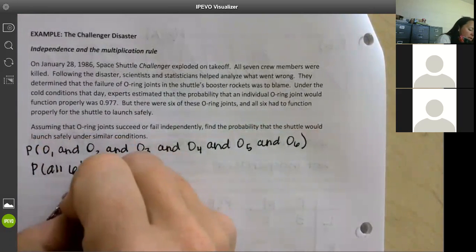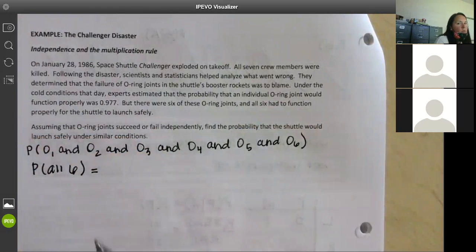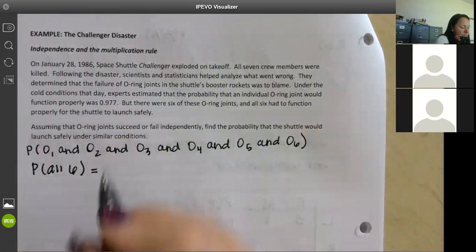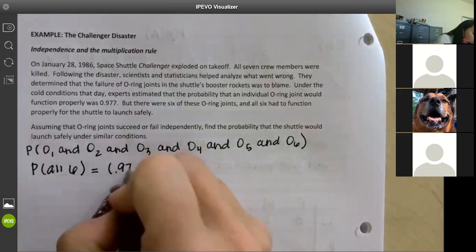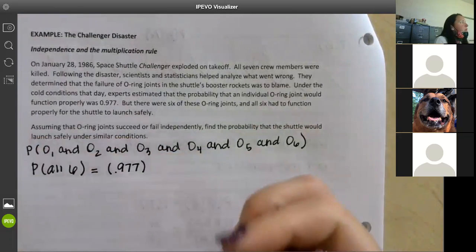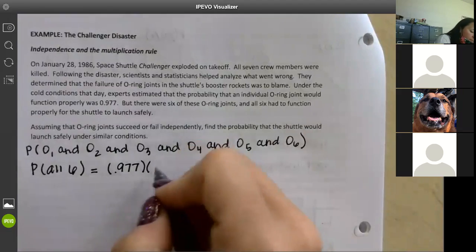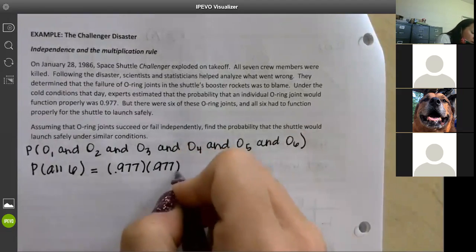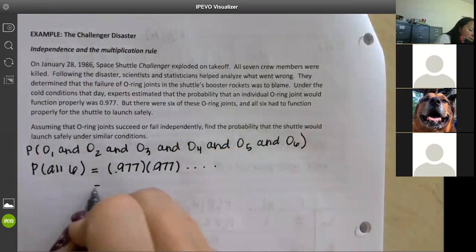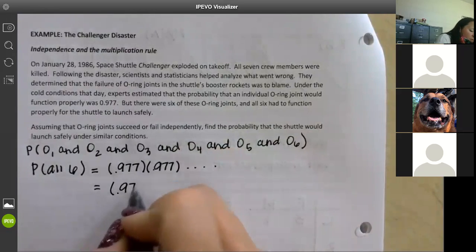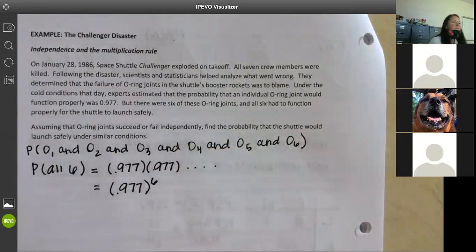What was the probability that O-ring 1 worked? 0.977. Our multiplication rule said we just multiply them. What's the chance that O2 will work? Same thing. We're going to keep going, but how many times are we doing this? 6. So we can reduce this to 0.977 to the 6.